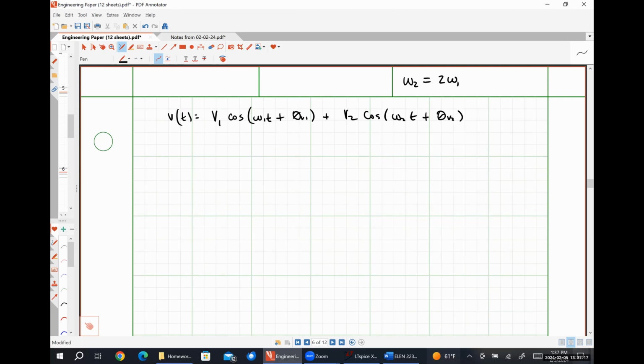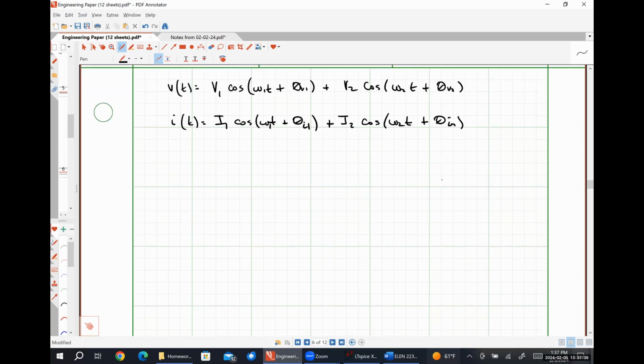Okay. Then I have a current I of t equal to I1 cosine omega 1t plus theta I1 plus I2 cosine omega 2t plus theta I2.